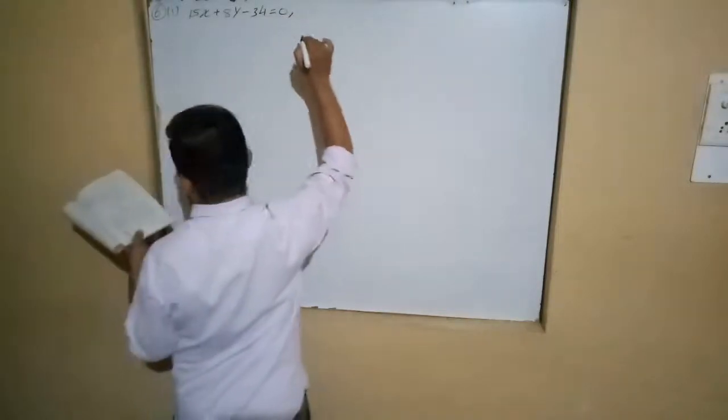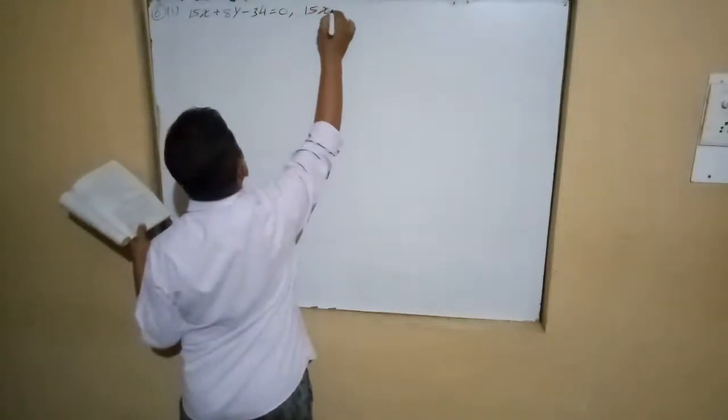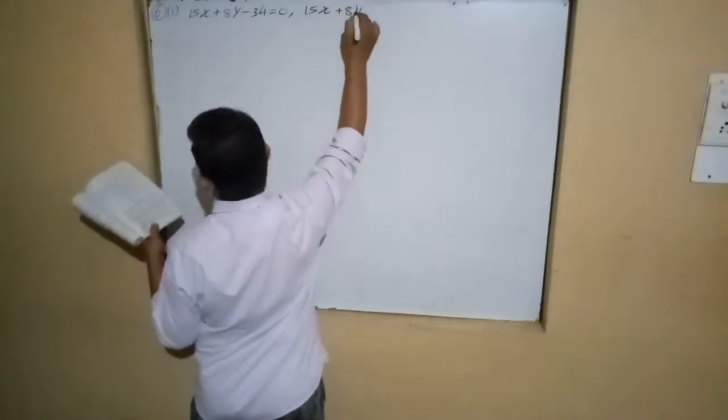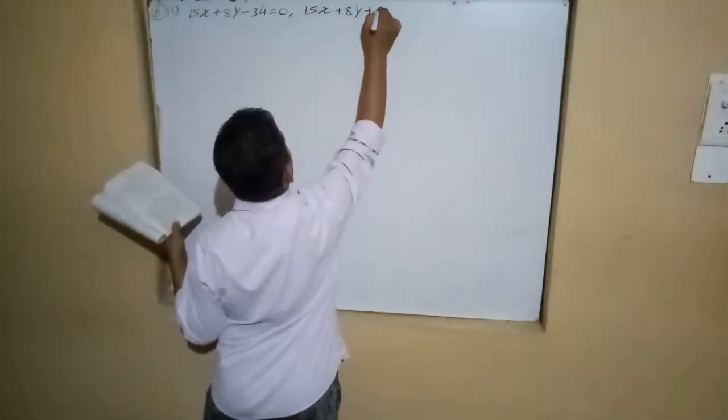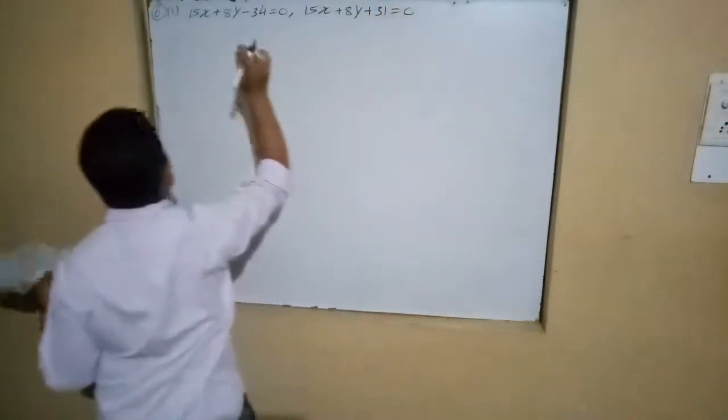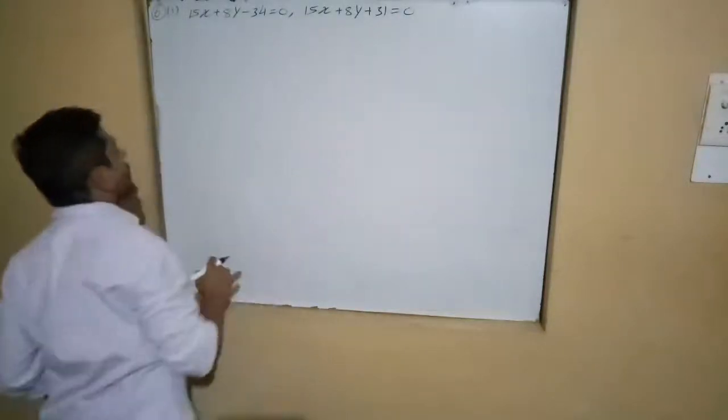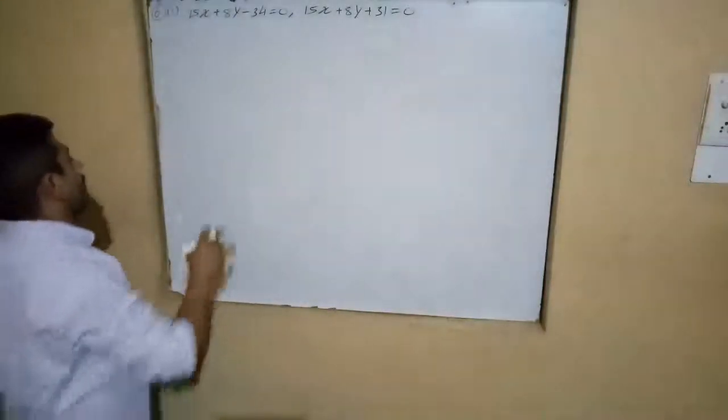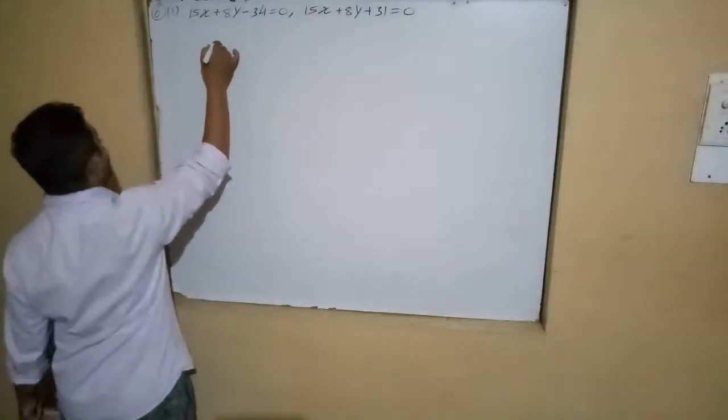The equation of the second line is 15x plus 8y plus 31 is equal to 0. So we have to find the distance between both lines. How to calculate the distance between both lines?